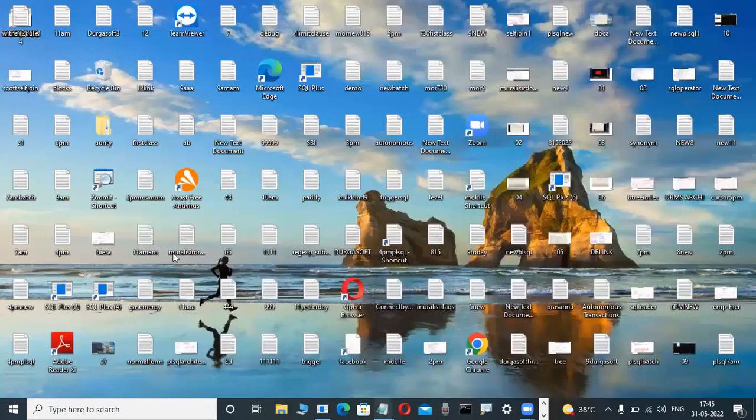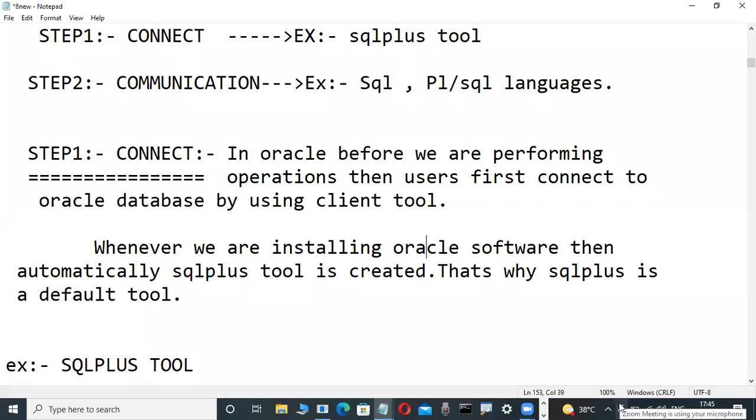Next para. Write it. Whenever we are installing Oracle software, then automatically SQL plus tool is created.